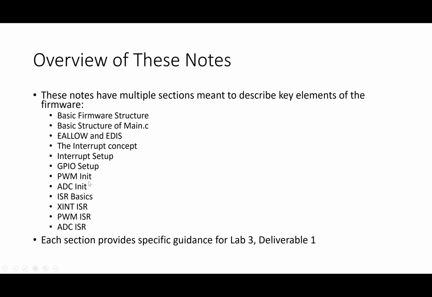There's a little bit more that we need to include than what we had previously, because now we have to include some things to set up the interrupts. I then talk about ISR basics, some fundamental things that need to be included in any interrupt service routine. And then I talk specifically about what needs to be in the interrupt service routine for the external interrupt, the PWM interrupt, and the ADC interrupt.